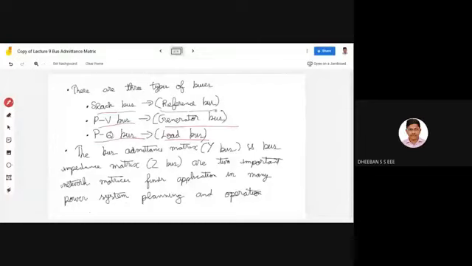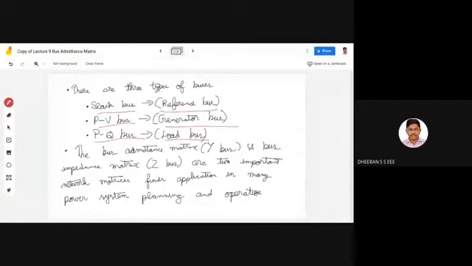As we have seen in your per unit problems, we have taken a generator value to be the common base value. The generator which is connected to that bus corresponds to your slack bus or the reference bus.